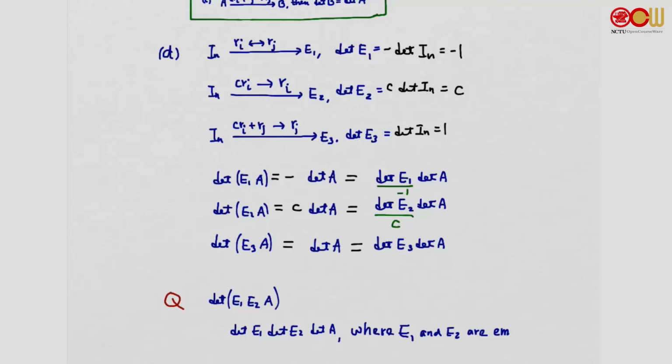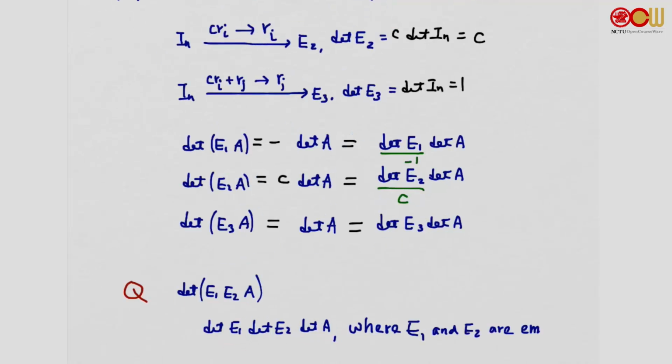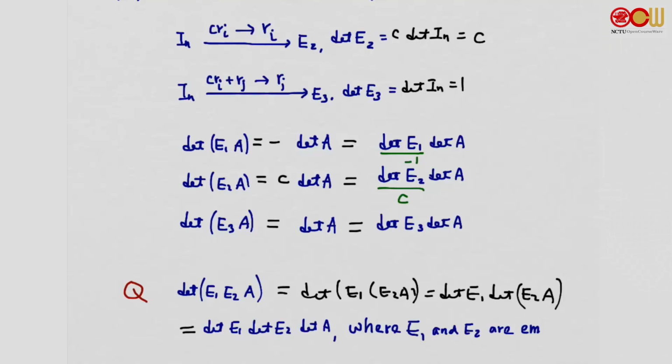How would this determinant of E1 E2 A be related to determinant E1, determinant E2, and then determinant A? We can simply look at it as E1 and then the product E2 A. Then we can pull out determinant E1 and then determinant E2 A. And this is the same as the product of determinants: determinant E1, determinant E2, and determinant A. This is true for any elementary matrices E1, E2.